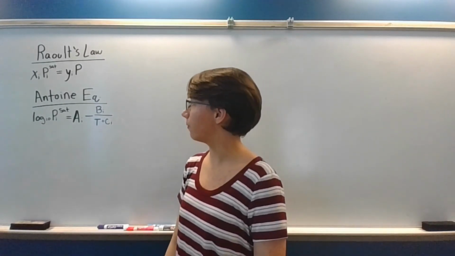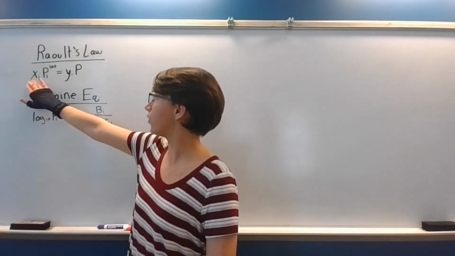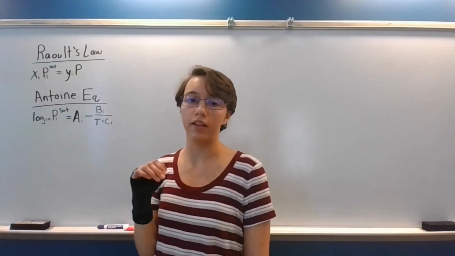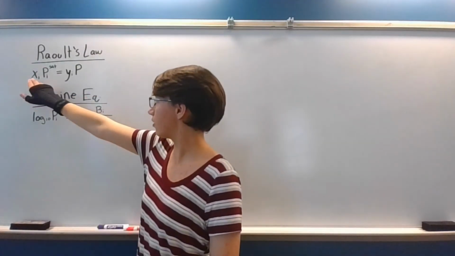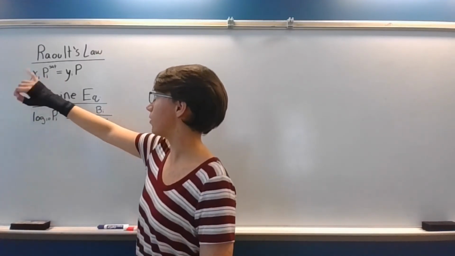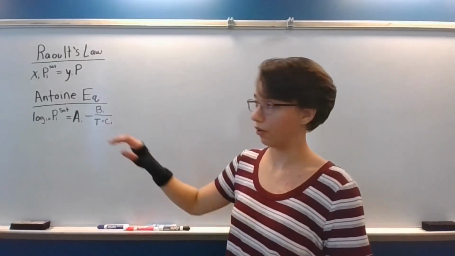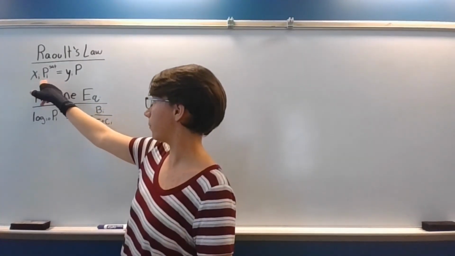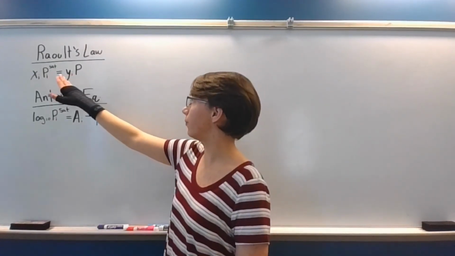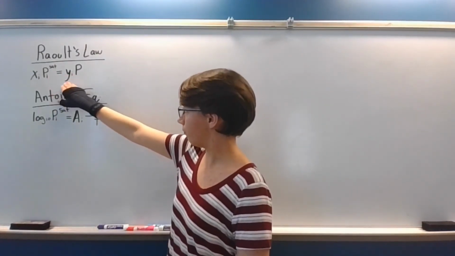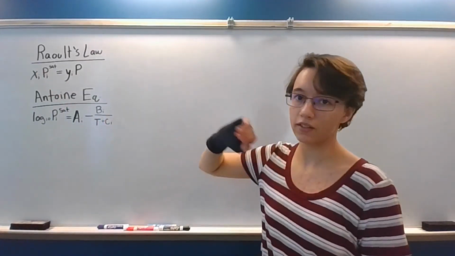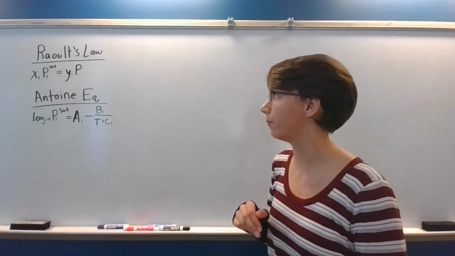So what this equation basically says is that the mole fraction of component i in the liquid phase (x's are for liquids, y's are for vapor) times the pure component vapor pressure of component i is going to be equal to the mole fraction of the component in the vapor phase times the total pressure of the system.